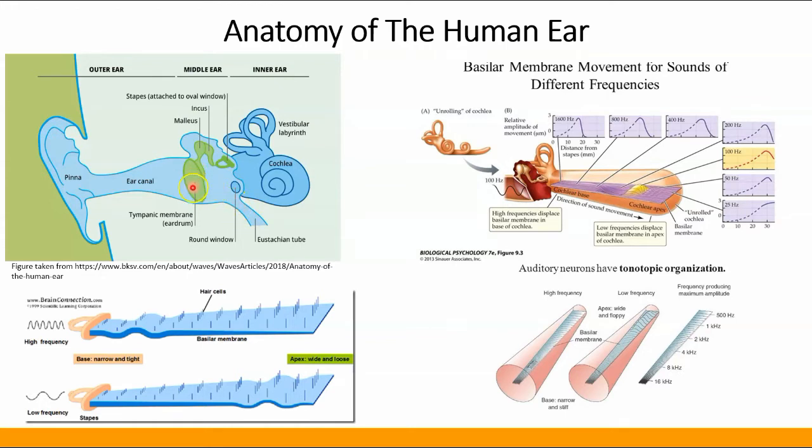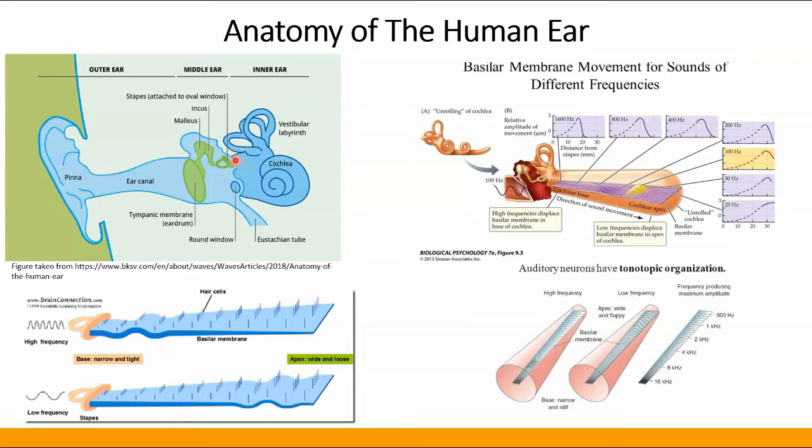The eardrum plays a role as an amplifier that increases the efficiency of sound wave transmission to the inner ear. The middle ear cavity contains the ossicles that connect the eardrum to the inner ear.